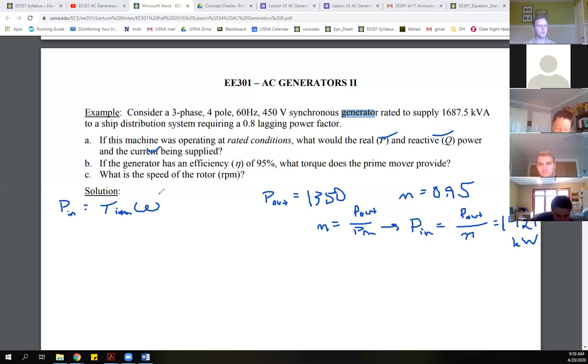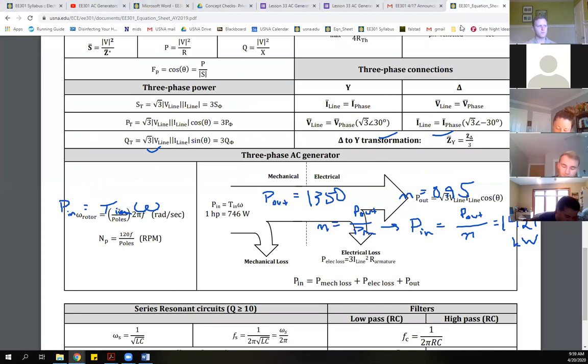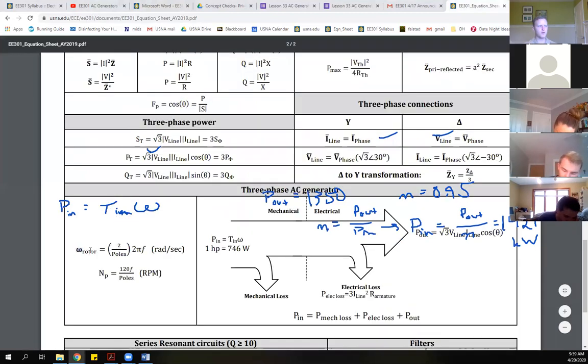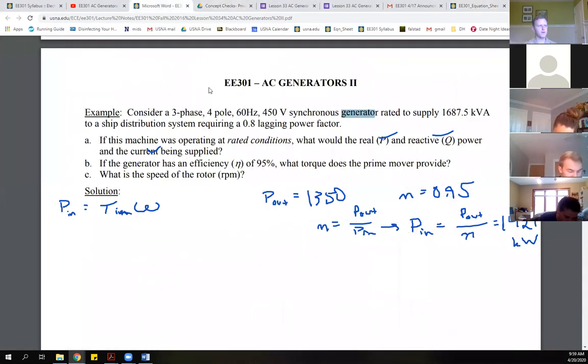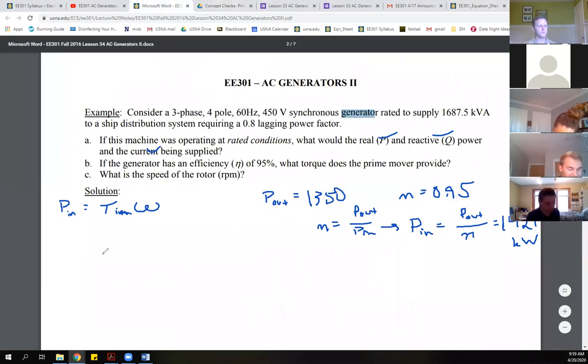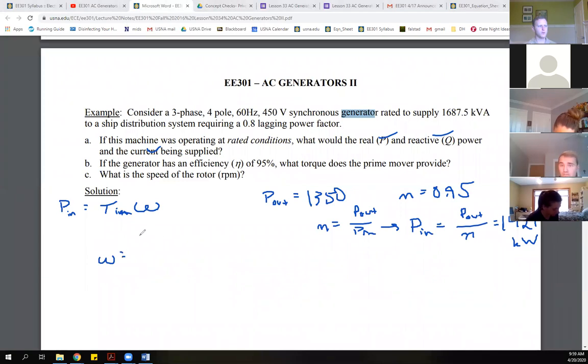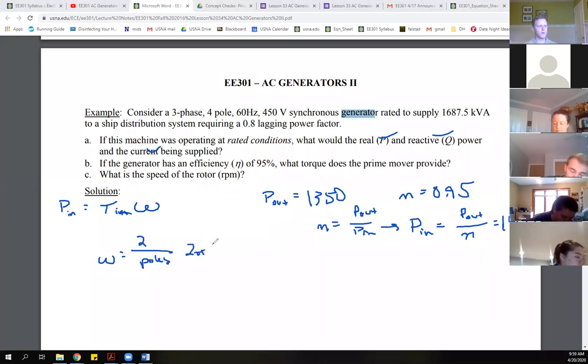Do we know the omega? We don't, but we can solve for omega right there. So I can solve for omega: omega equals 2 over the number of poles times 2 pi f.